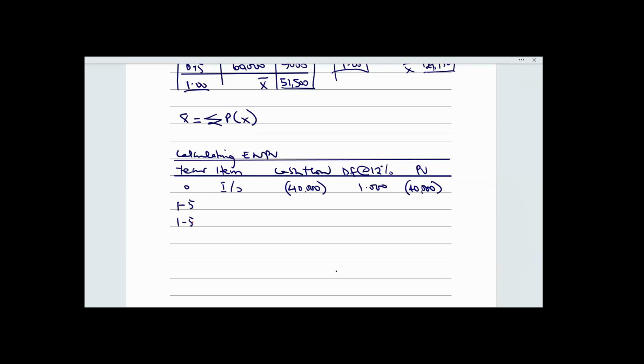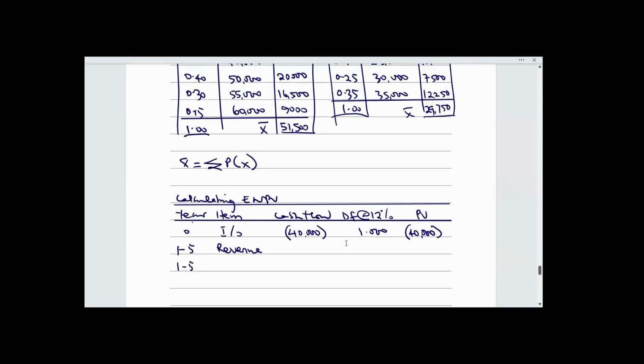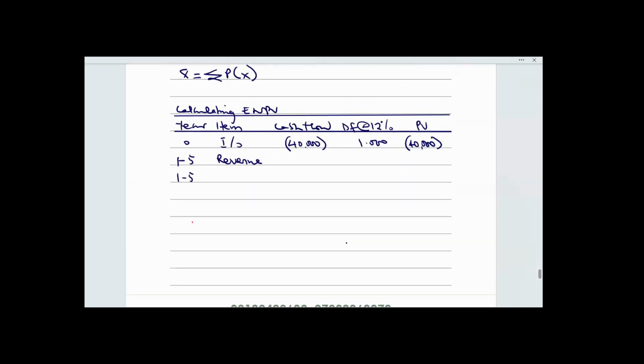Then expected revenue, which we calculated to be 51,500. Then expected running costs, which we calculated as 29,750.